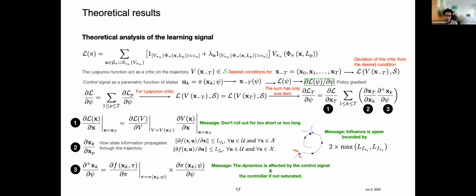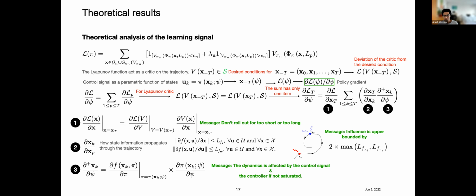If the trajectory is rolled out for too long, and if the trajectory is stable, then it goes near the equilibrium of the system. And we know that the Lyapunov function and its derivative vanish at the equilibrium of the system. If it's continuous, then it has a very small value near the equilibrium. This reduces the magnitude of the gradient when taken with respect to the state near the equilibrium. So this suggests that we should not roll out the trajectories for too long.